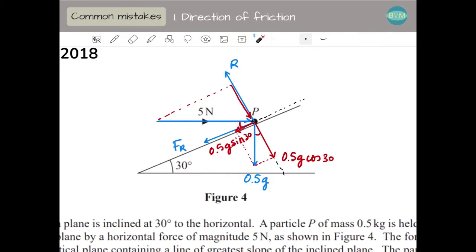So this is 30. This line here is the same as this line, this length, right? This is the opposite to the angle, so this is going to be sine. So that means this is 5 newtons sine of 30.